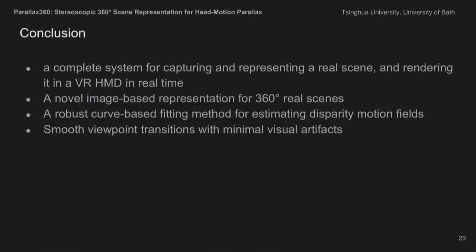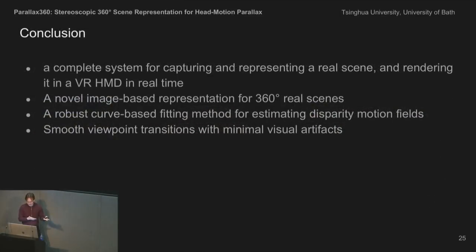So that's all good. So what we've shown is a complete system that can capture a 360-degree environment and give you stereo vision, but also head motion parallax. So that's also for the first time enabling you to look around things a little bit, to move your head a little bit and have the scene react to that.